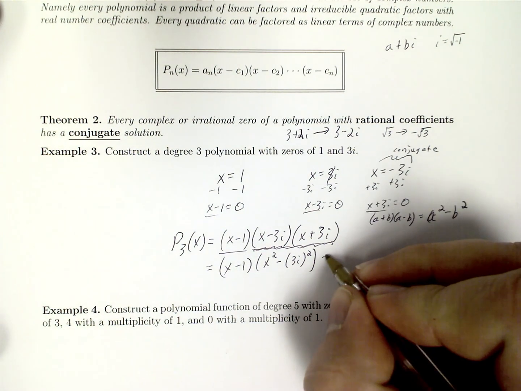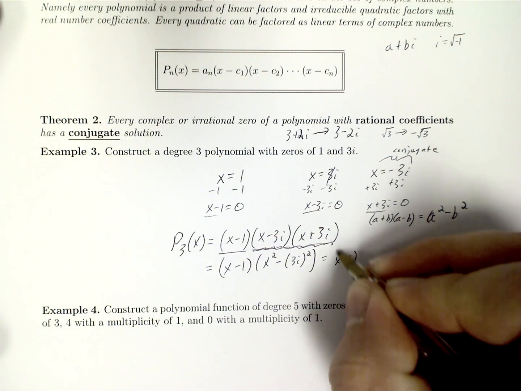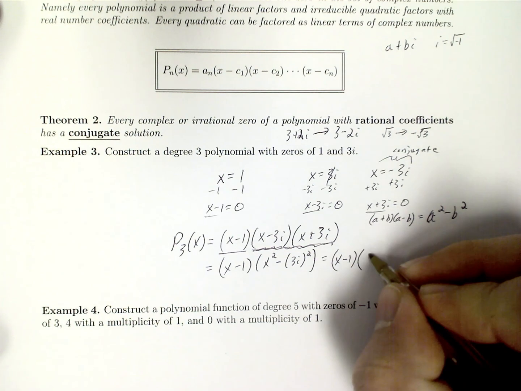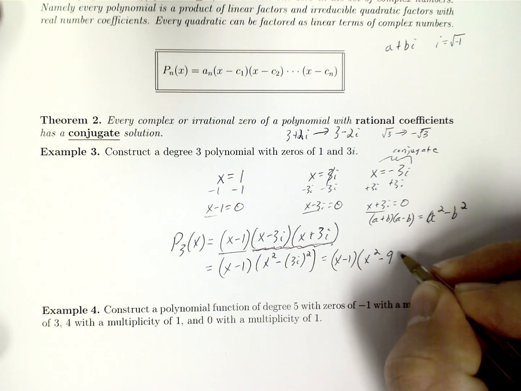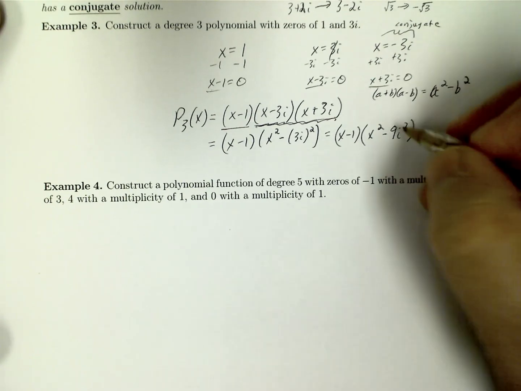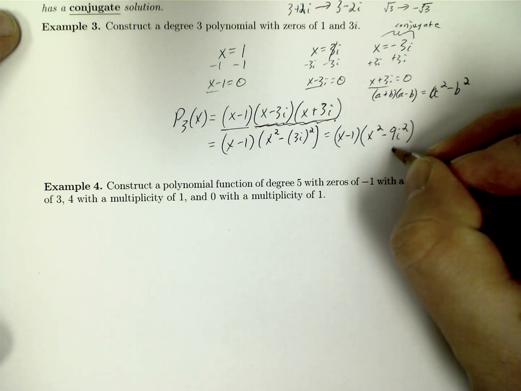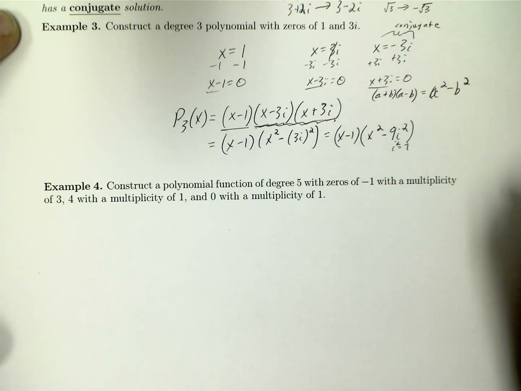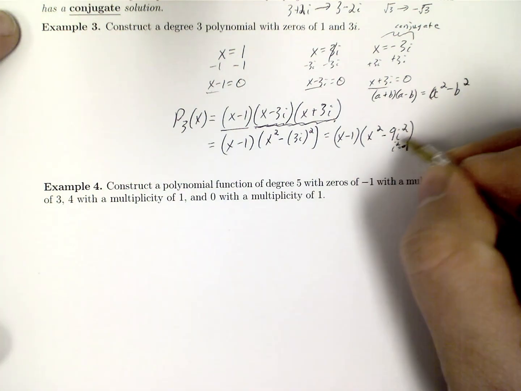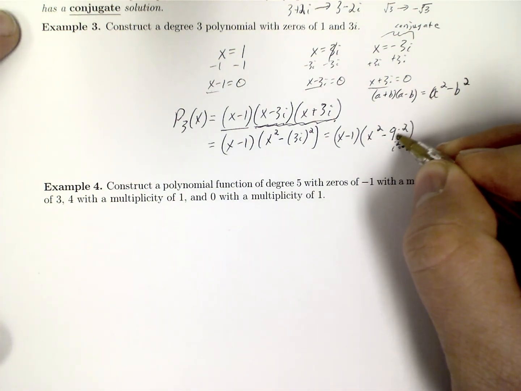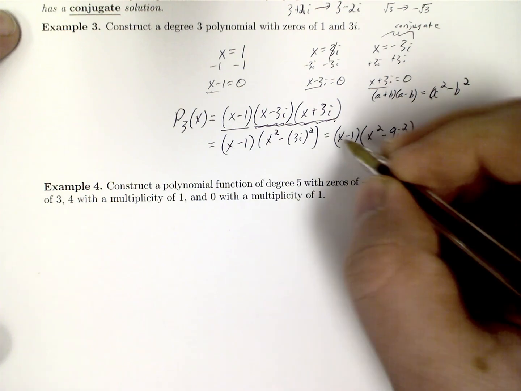If we start to simplify, x squared minus 3 squared is 9, i squared. But remember, i was the root of negative 1, so i squared is negative 1. If we square the square root, that goes away, and i squared gets replaced with negative 1.